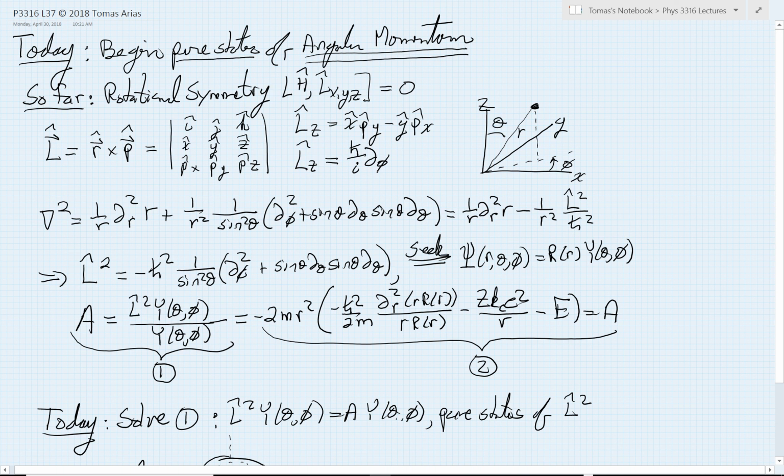Finally, we then began to try to connect the total energy to these angular momentum operators, and we realized actually that it was the square of the angular momentum that was very closely related to the Hamiltonian.